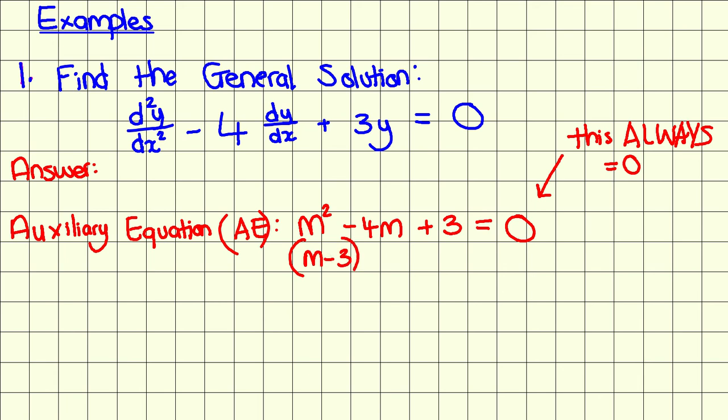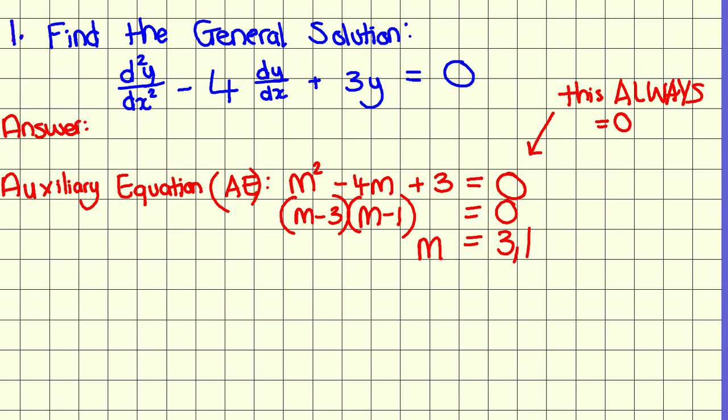So you get m take 3, m take 1 equals 0, which if you solve for m, gives you 3 and 1. This is the first type of second order differential equation that we could get. This gets you 1 mark just for factorising and equating it equal to 0. Then we are going to work out the general solution.